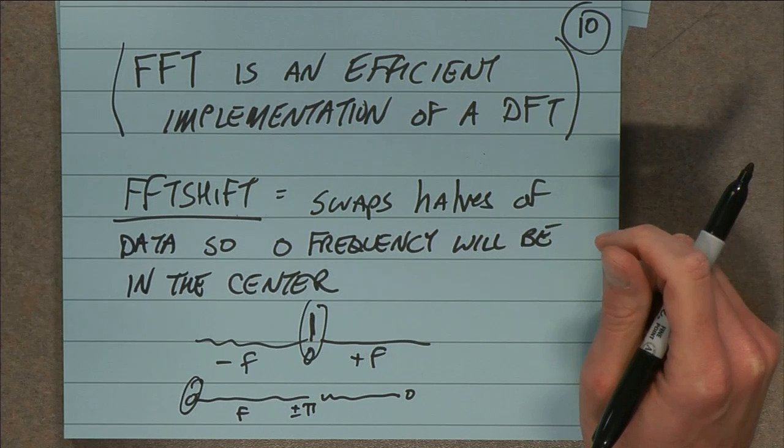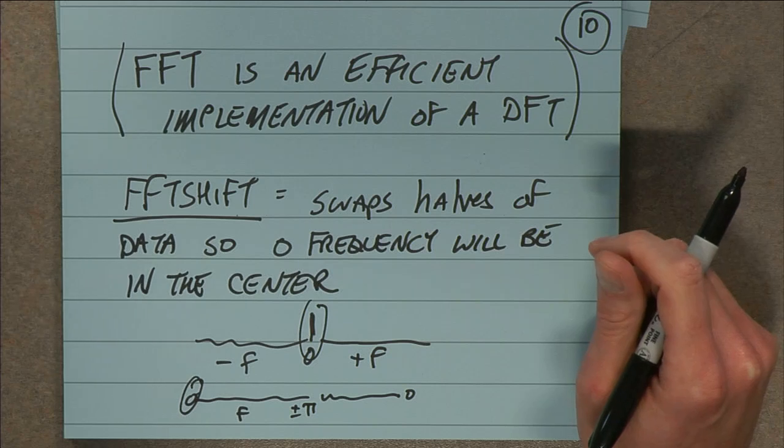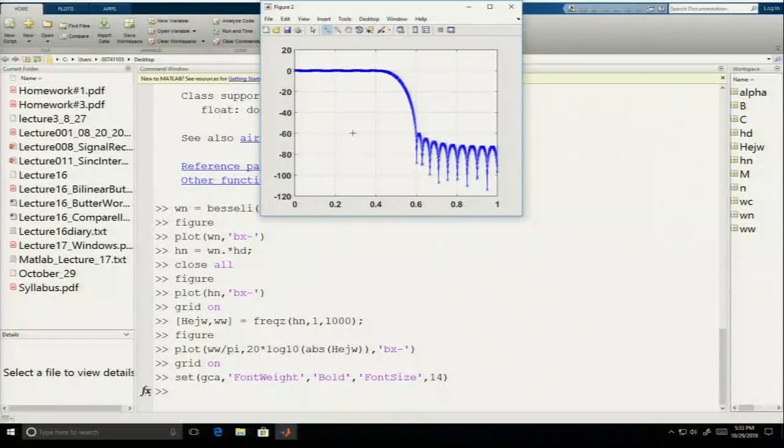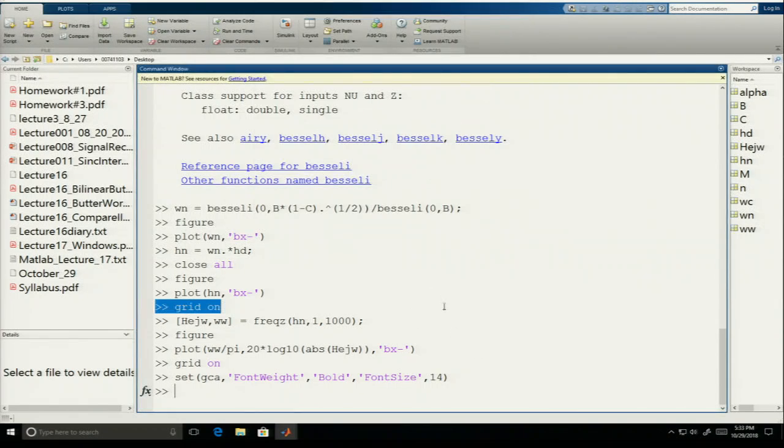So I think we'll try to do, if I can, we'll try to go to the chart here and do some examples. Since we already have n defined, I'm just going to make up something. Like y of n is cosine 0.2 times pi times n.